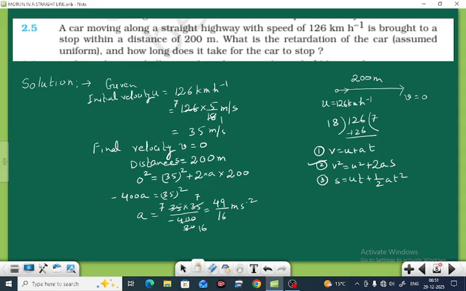Now if we divide 49 by 16, let us find what is the value. It is minus actually because it is retardation. So if we divide 49 by 16, 16 3s are 48. Subtract this, we get 1. This is point 0.